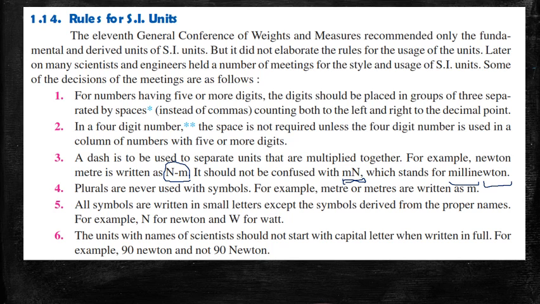As we said before, in the prefixes we can use milli, 10 power negative 3, millinewton. In this case it will be right, millinewton, or Newton meter. So to stay away from this confusion, we put a dash between the two units. So it would be Newton-meter or meter-Newton.